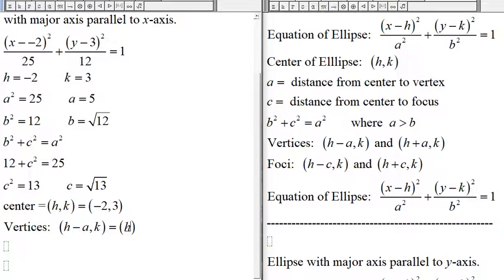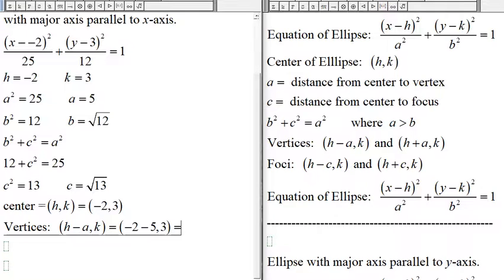So this would be negative 2 minus 5, comma 3.